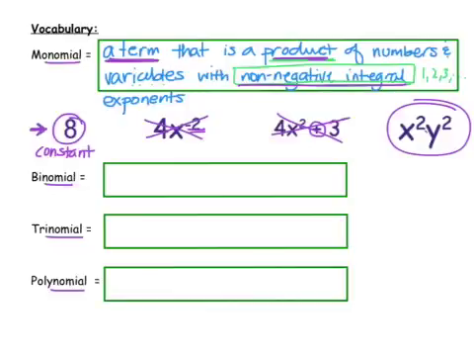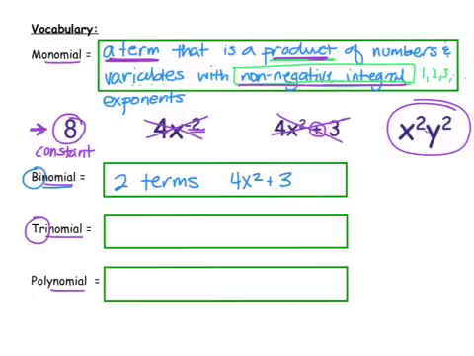Now moving forward, thinking about binomials, trinomials, and polynomials. Think about what it means. Bi means 2. Nomial, we know it's a term that's a product. And so a binomial is 2 terms. A great example of a binomial would be our 4x squared plus 3.